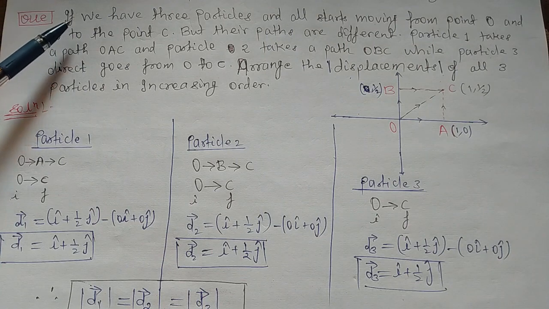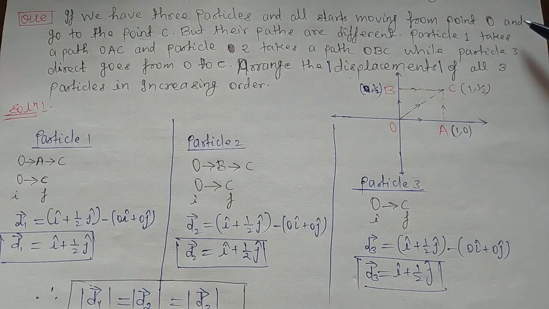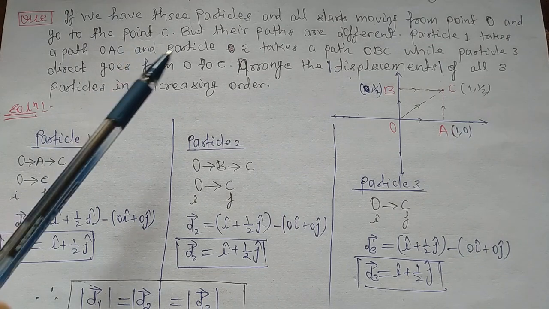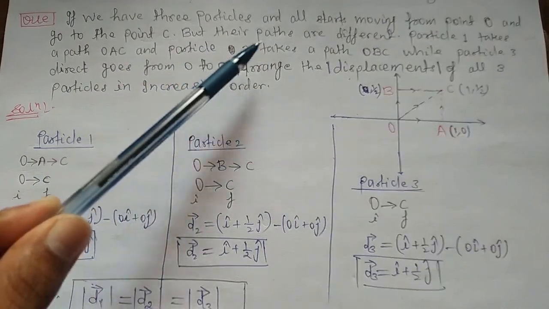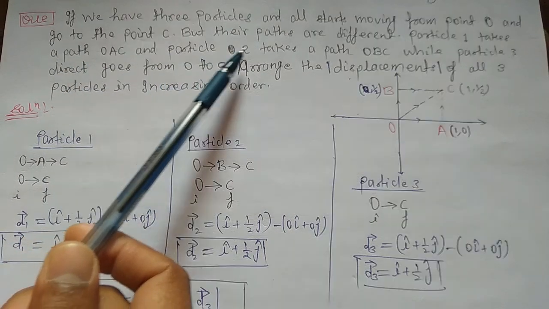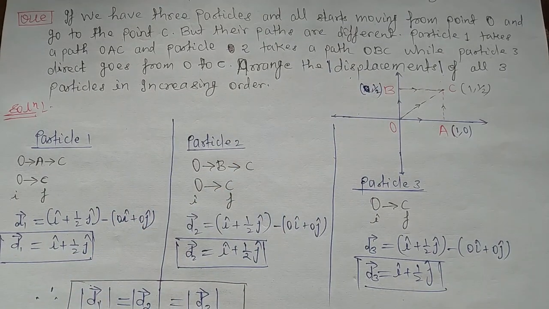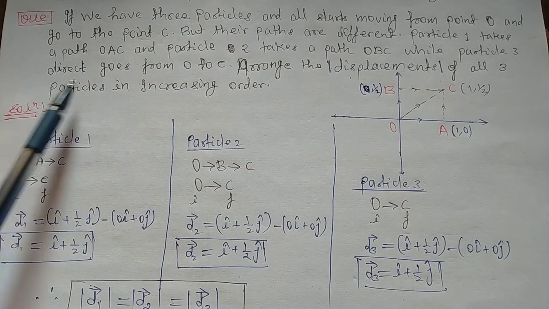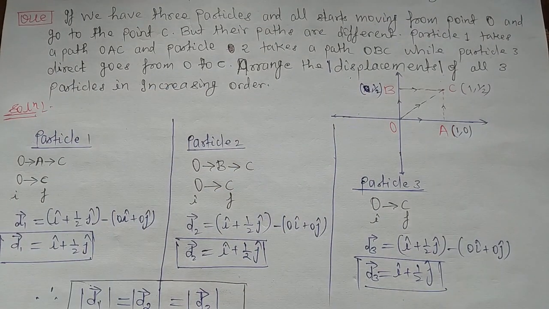Suppose we have 3 particles, and all start moving from point O and go to point C, but their paths are different. Particle 1 takes the path OAC and particle 2 takes the path OBC, while particle 3 goes directly from O to C. Arrange the magnitude of displacement of all 3 particles in increasing order.